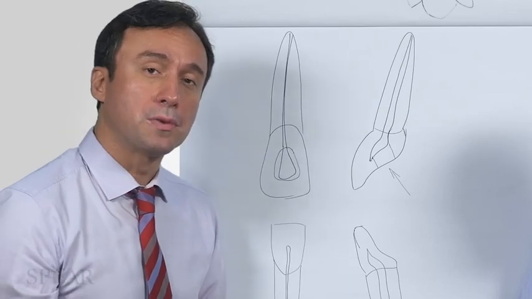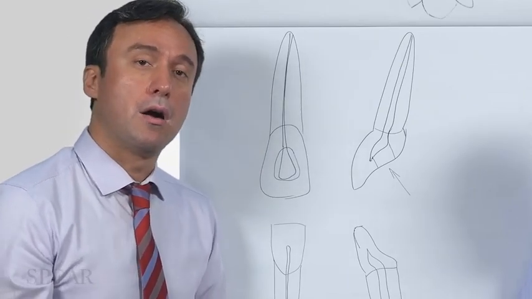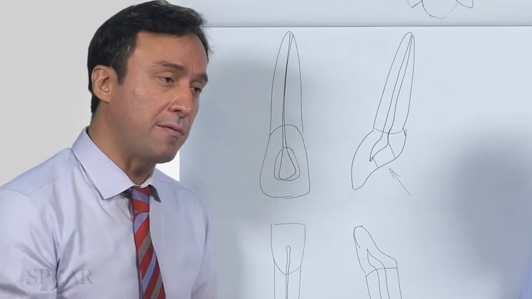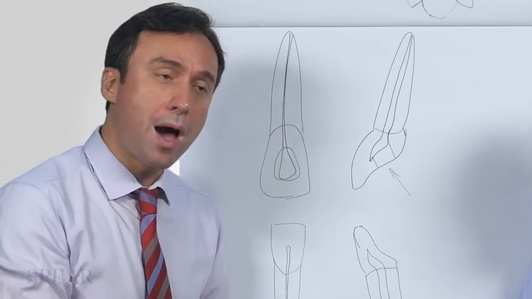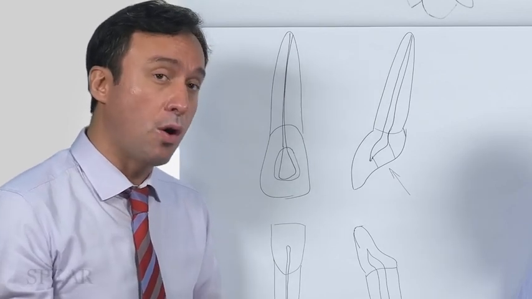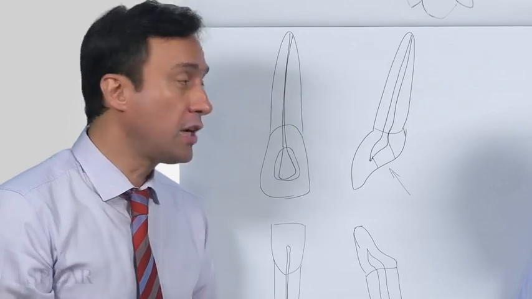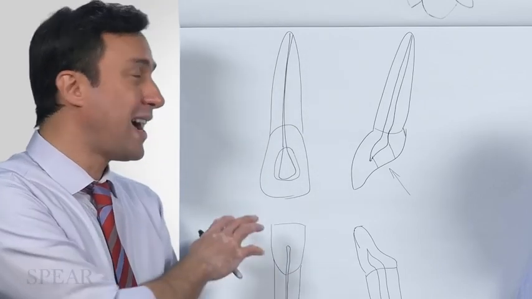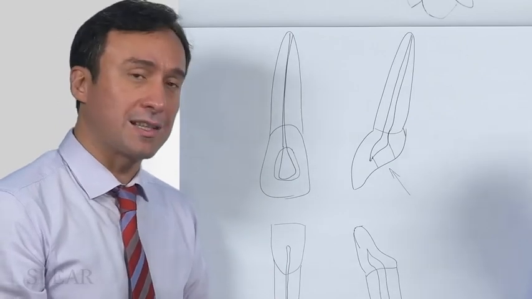And don't forget that most of the cases that end up needing root canal therapy are either acutely inflamed due to trauma, in which case the pulp will remain the way it was prior to the need for root canal therapy, or they've been chronically inflamed, in which case there's usually dystrophic calcification going on coronally, so the size may have narrowed down a little bit. You need to keep that in mind when you're making your access preparation as well.